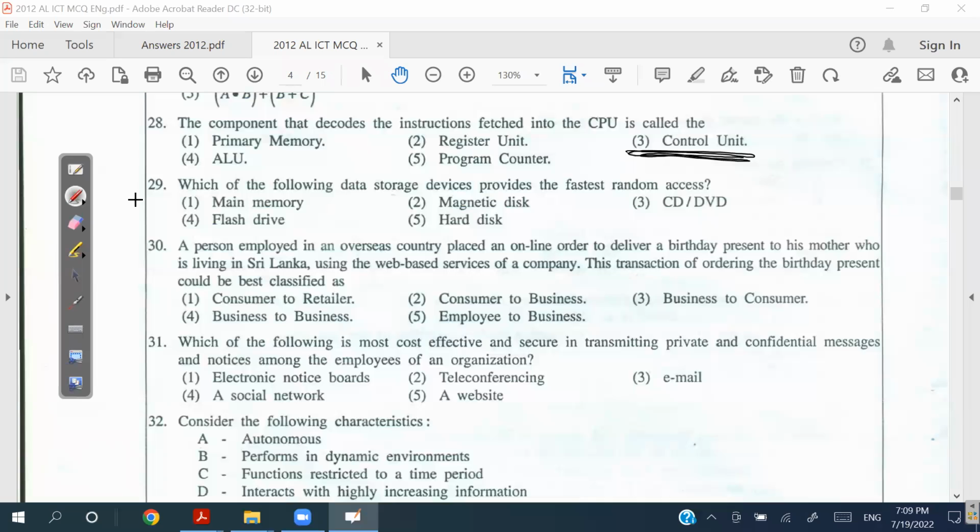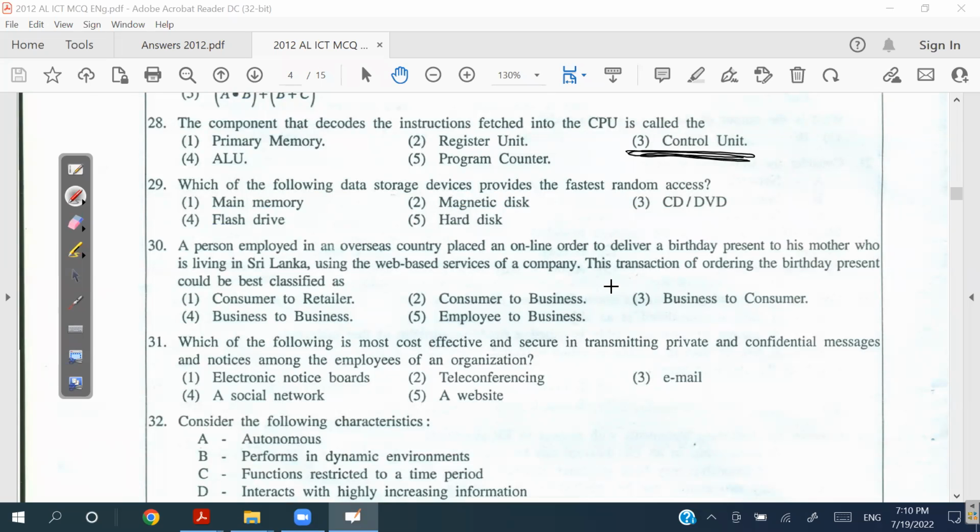This transaction of ordering a birthday present could be best classified as... Yeah, hold on. Using the web-based services of a company, this transaction, ordering the birthday present, could be best classified as.